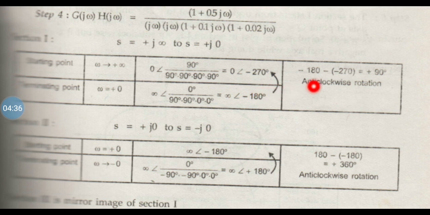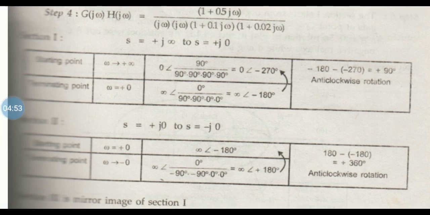So minus 180 minus of minus 270 is plus 90 degrees anti-clockwise rotation. So the rotation is plus 90 degrees anti-clockwise.